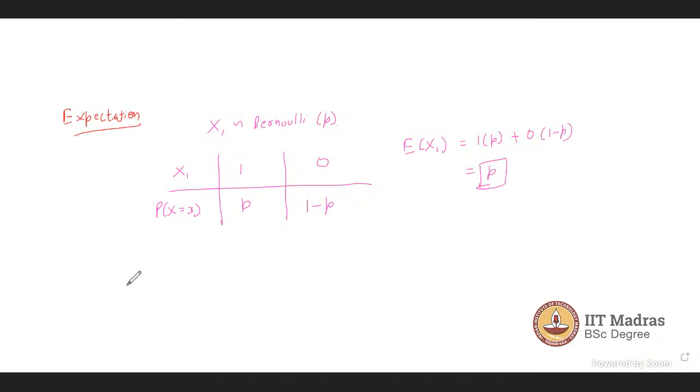Now remember, for binomial, we said it is nothing but sum of n independent Bernoulli random variables, right? And for each of the xi here, i goes from 1 to n, follows Bernoulli with parameter p.